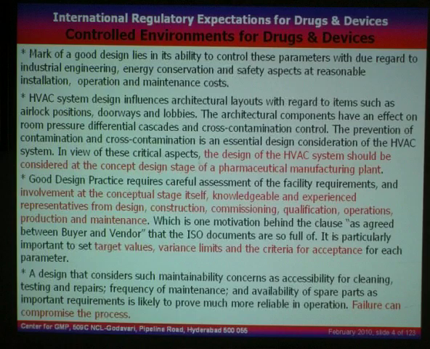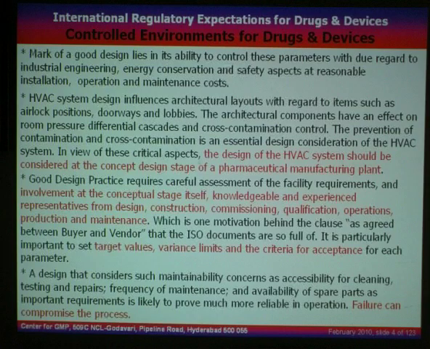HVAC system design influences architectural layouts with regard to items such as airlock positions, doorways, and lobbies.